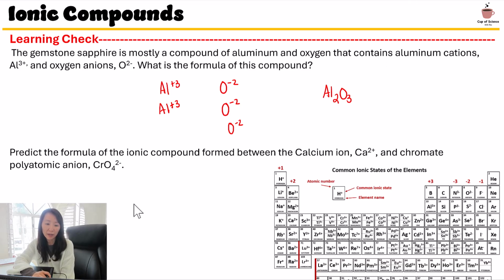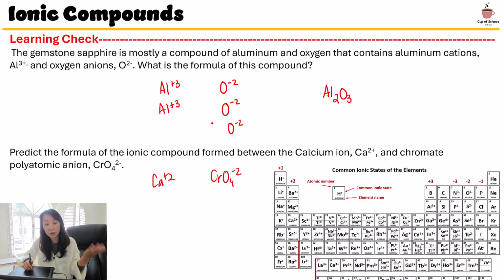Predict the formula of an ionic compound formed between calcium ion and a chromate polyatomic anion. Polyatomic anion, you're going to treat it as if it is a monoatomic. So calcium is Ca+2 and then chromate is CrO4-2.